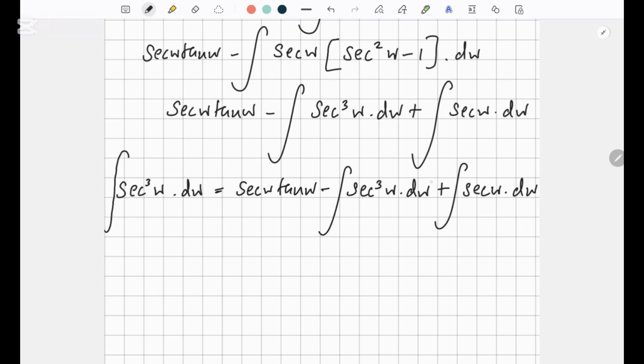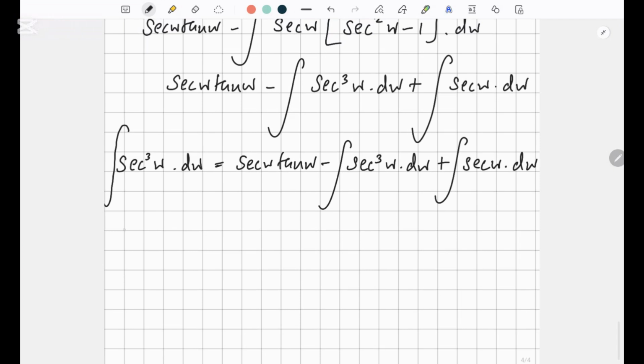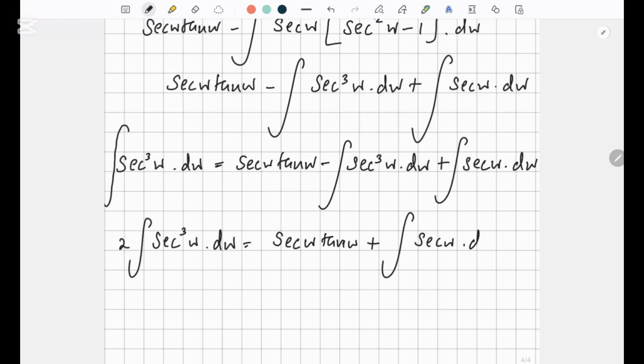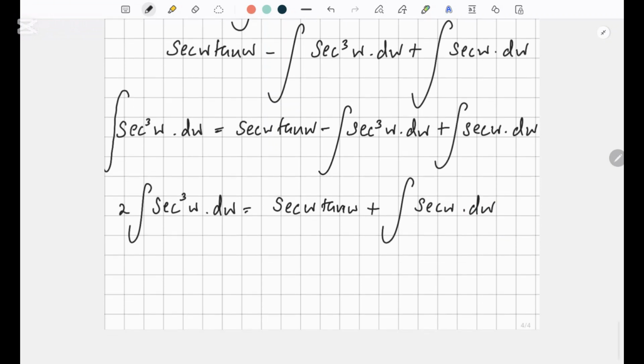So you can see that this can be taken on to the left side, right? So when you take it on to the left side, it's going to be 2 sec cube w dot dw equals sec w tan w plus the integration of sec w dot dw, right? Easy.